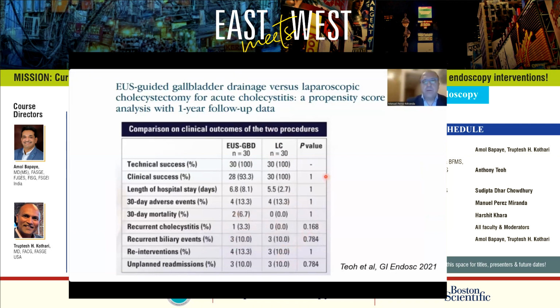So this opens the question whether the threshold for EUS-guided gallbladder drainage can be lowered to admit other indications, not just severe cholecystitis in definitive non-surgical risk patients.